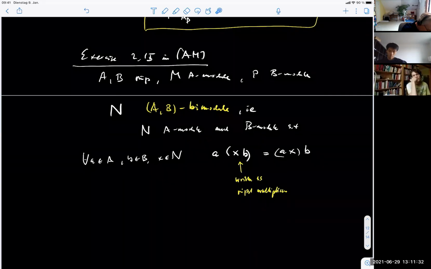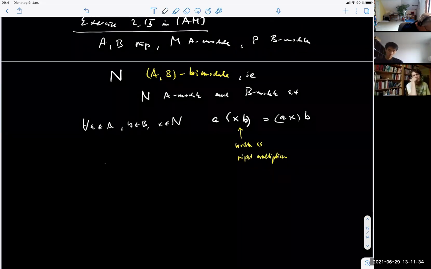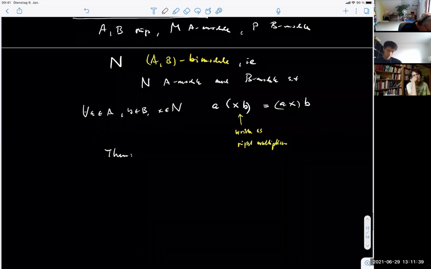Whenever I have such a situation, I realize this can be very confusing. When I write this, for a moment I forget that N is a B-module. It's just an A-module. Then I take this tensor product, and it's an A-module.